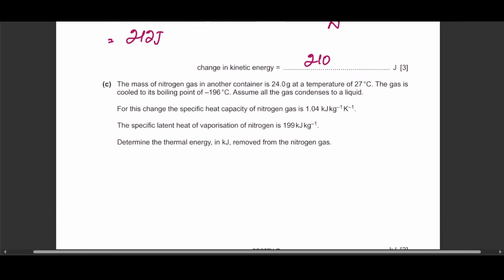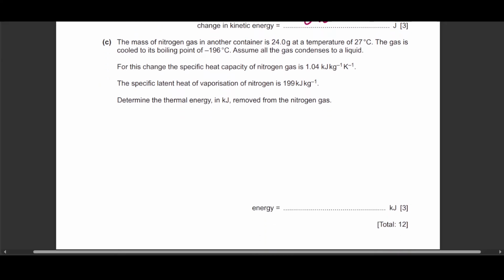The next part is the mass of nitrogen. Okay, fine. This is a question from the heat capacity chapter. It says the mass is 24 grams, initial is 27, finally the boiling point is 196, and it condenses to a liquid. So there are two things happening. He wants you to find the total energy.